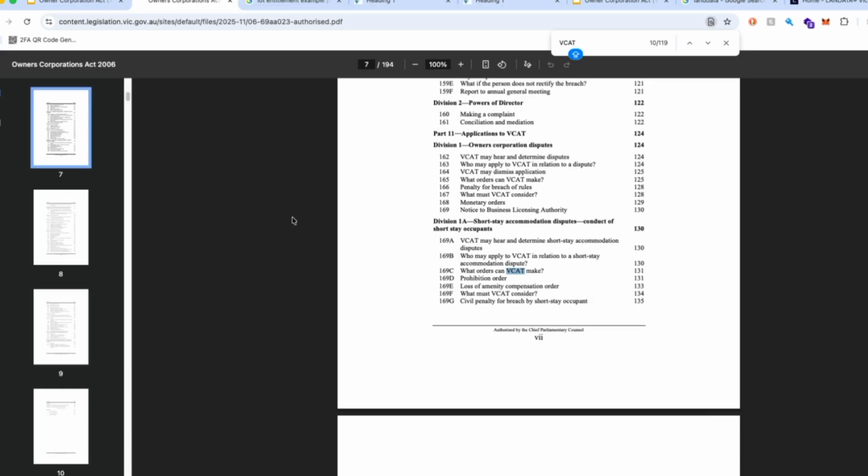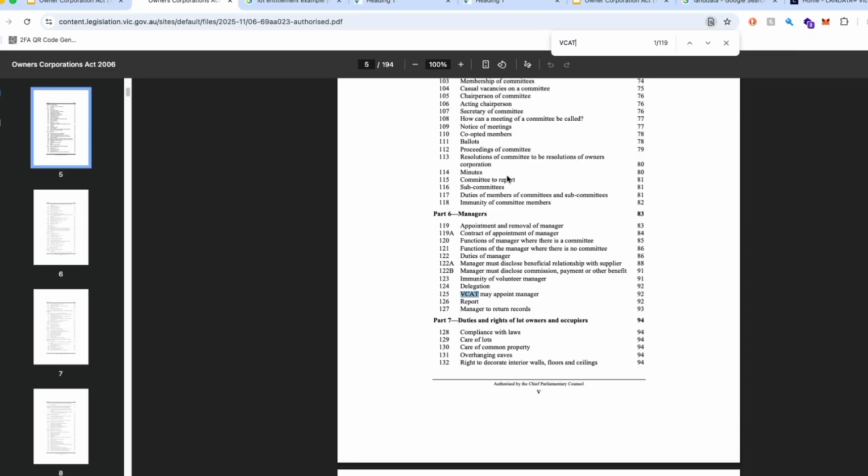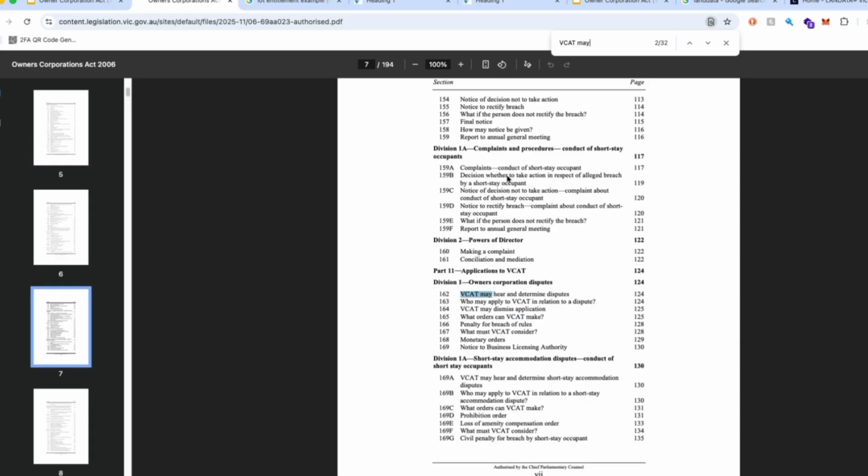Because the communication cost in getting this right, there's a lot of communication cost and time investment, in order to get VCAT involved and for VCAT to solve a problem.